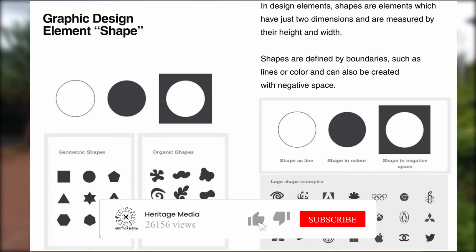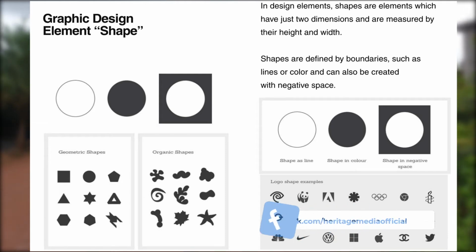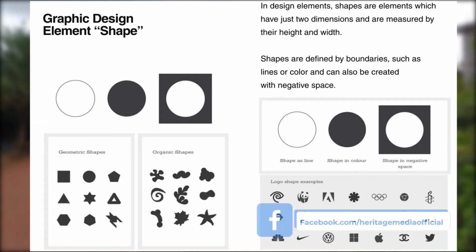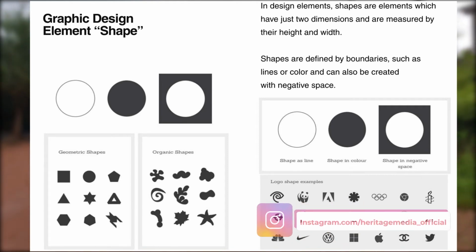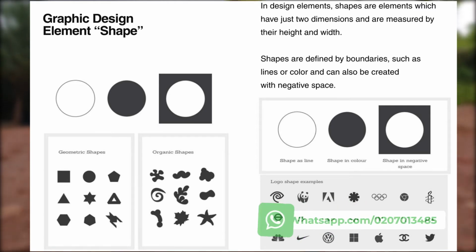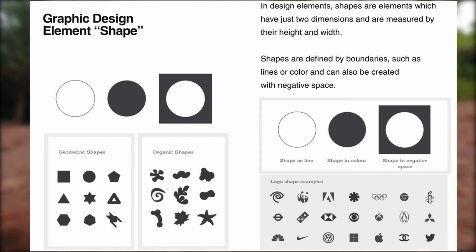So we have shape as line, then shape in color, then shape in negative space. And we also have geometric shapes, organic shapes, then we have logo shapes. So these are all examples of shapes. Shapes are defined by boundaries such as lines or color and can also be created with negative space.